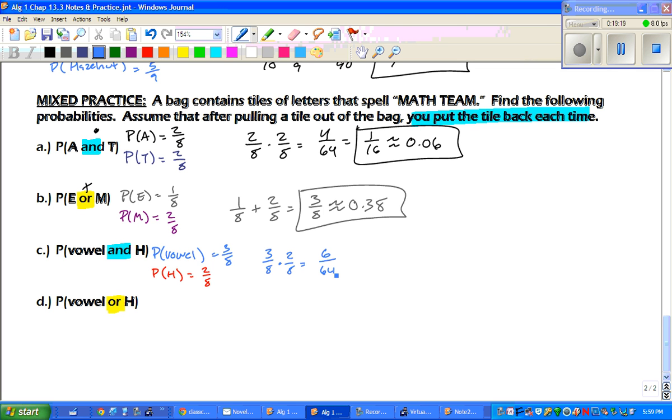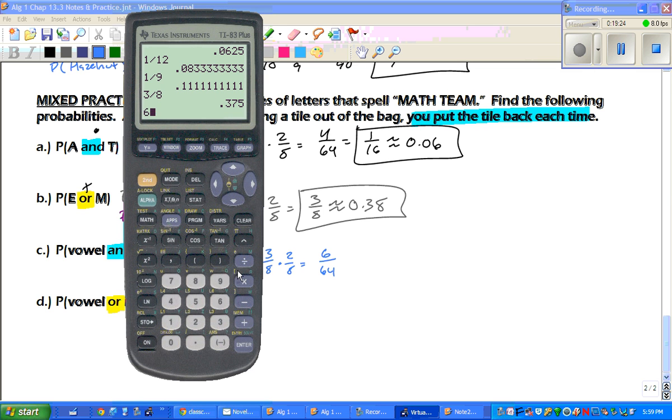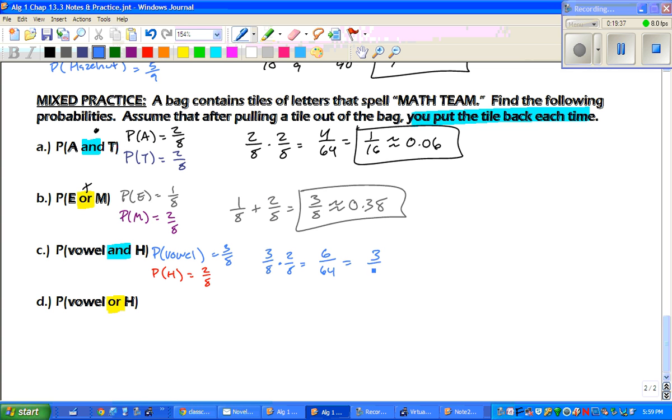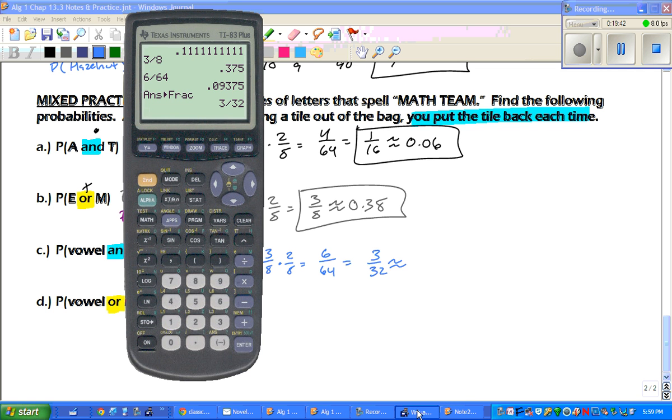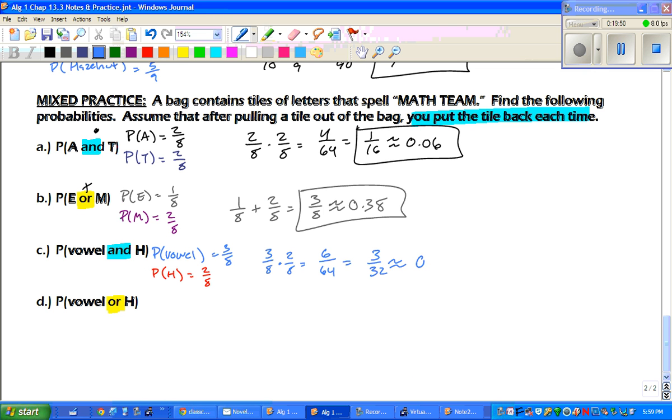Okay. And does that reduce? 6 over 64. Let's find out. Well, there's the fraction, 3 over 32. And then I just got the decimal right there, which was 0.09.